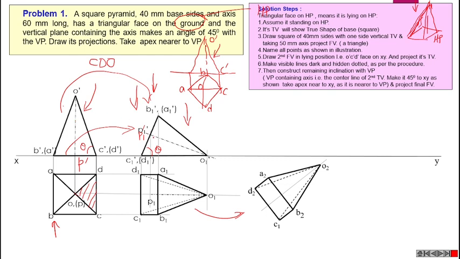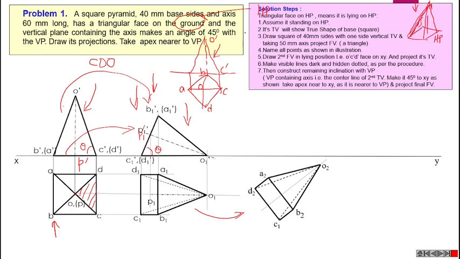Here the same condition is here also, that the axis is parallel to VP. While examining this particular top view, we can see that P1O1 is parallel to XY line. Plan parallel to XY line means that in the front view the object's axis is parallel to VP.